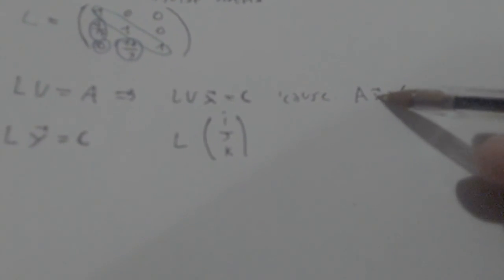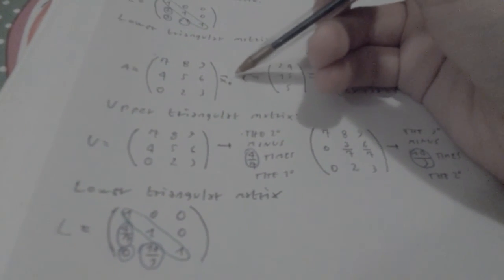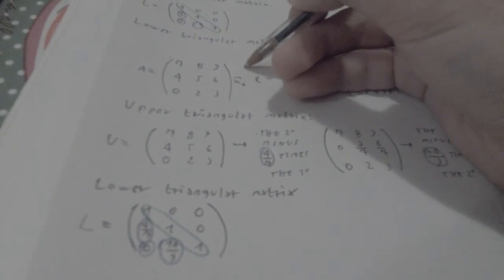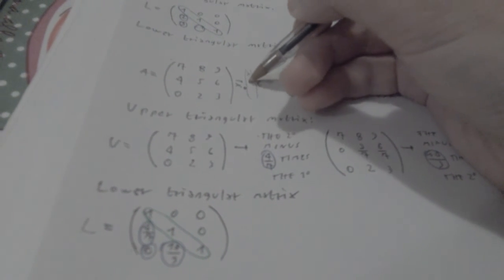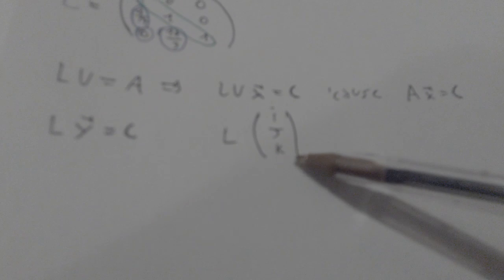Our vector x was x, y, z. You know, x is just as I write it, x y z. So this is going to be our newly created vector, with components i, j, k. And then I'm going to put Ly, so the lower triangular matrix times the vector i, j, k, equal to C.